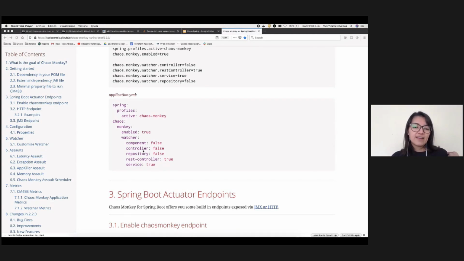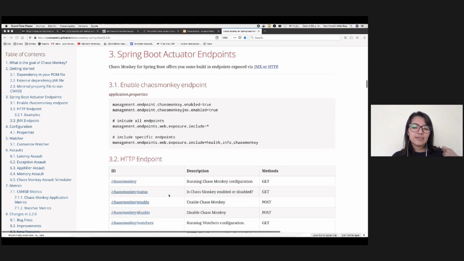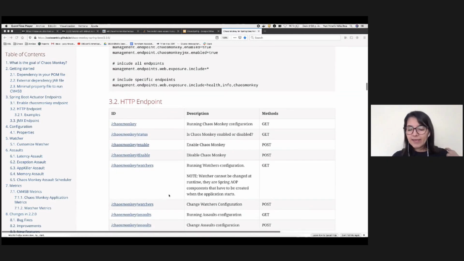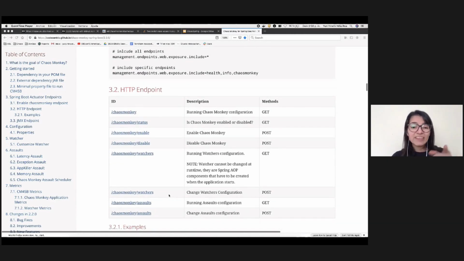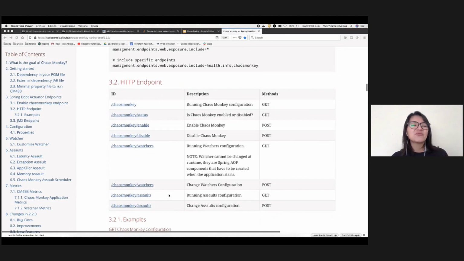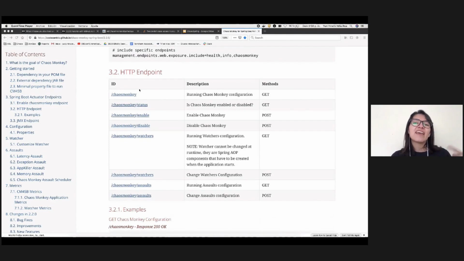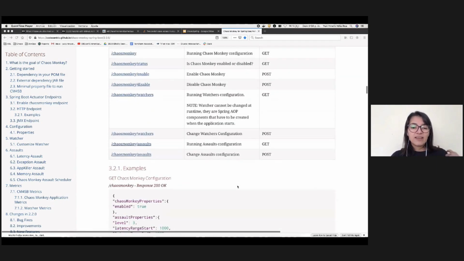In this case, I have enabled the attacks. They are the endpoints available. If you activate the profile and run your microservices with this profile, you have these endpoints, with the possibility to run the Chaos Monkey configuration and verify the status of Chaos Monkey, whether it is enabled or disabled.